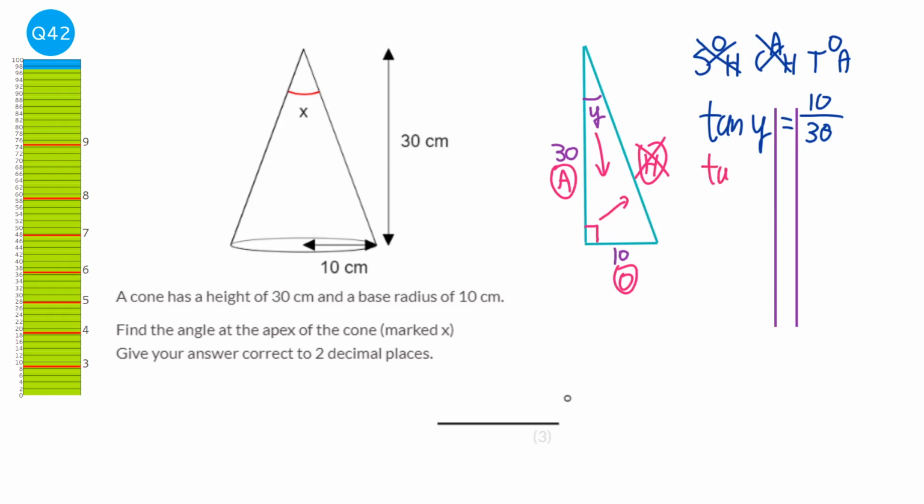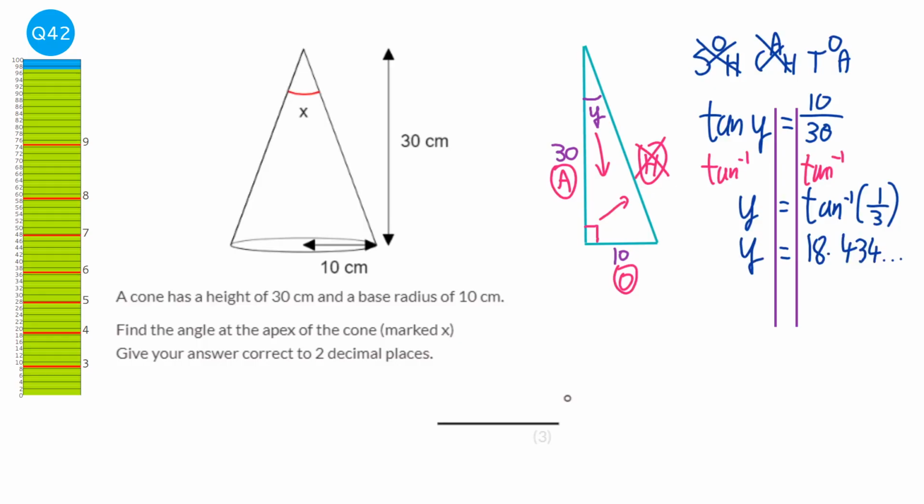And we're going to inverse tan both sides. So that will just leave y on the left hand side, and then we need to find out what the inverse tan of a third is. And the inverse tan of a third is 18.434 and so on.